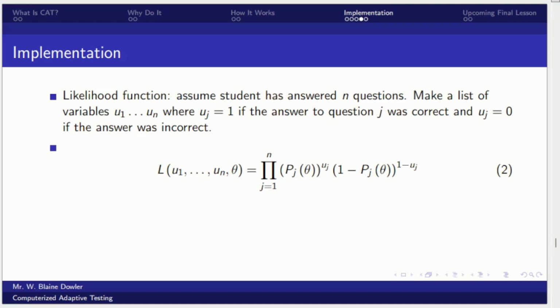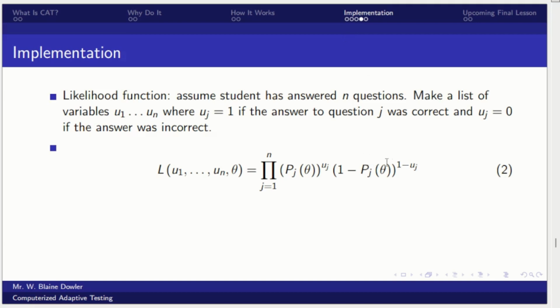Okay, so looking at this structure, for each value of j, so for each question, we will either have pj, if they got it right, or 1 minus pj, if the student got it wrong, as the probability. Now, since pj is the probability of getting it right and everything is either right or wrong, 1 minus pj is the probability of getting it wrong.